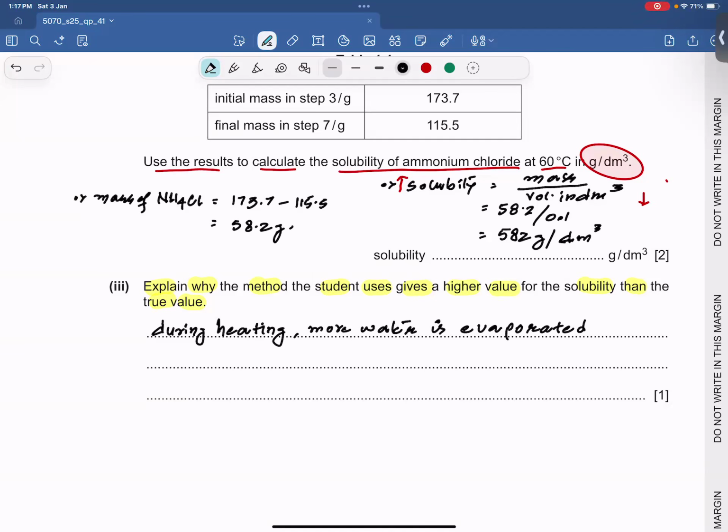So if more water is evaporated, solubility increases.